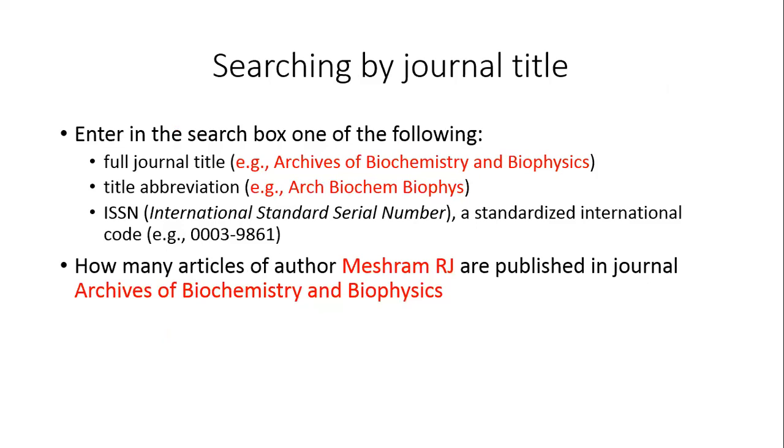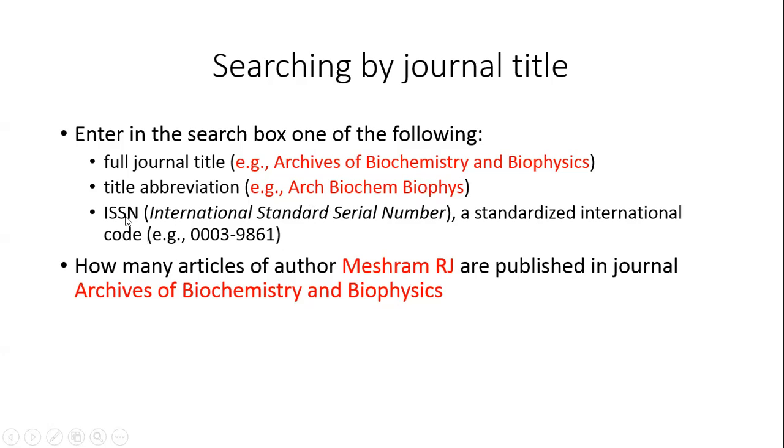Now you can also search by journal title. You can search by the full journal title, for example, articles published in Archives of Biochemistry and Biophysics. You can also search by abbreviations, like Archives of Biochemistry and Biophysics can be abbreviated as Arch Biochem Biophys. You can also search by ISSN number.